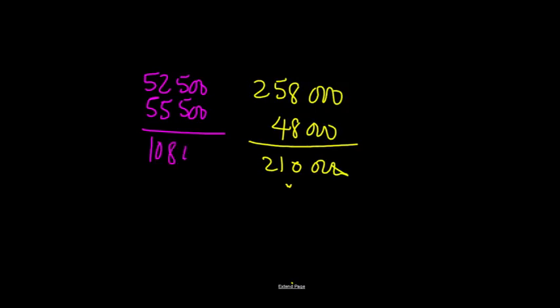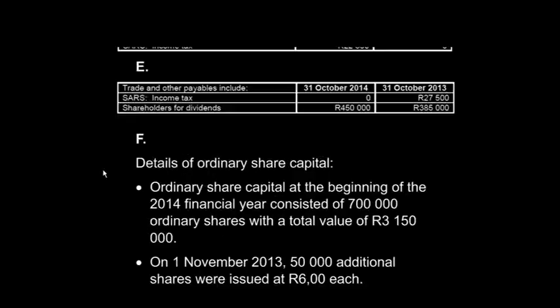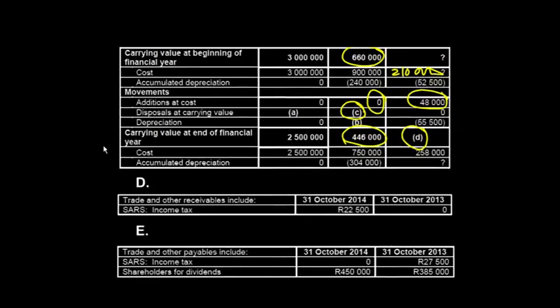Okay, what's the 108,000? Clearly you can see. Watch my note. The 108,000 would be my accumulated depreciation at the end of my financial year.